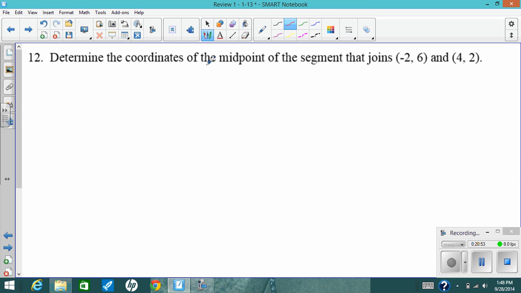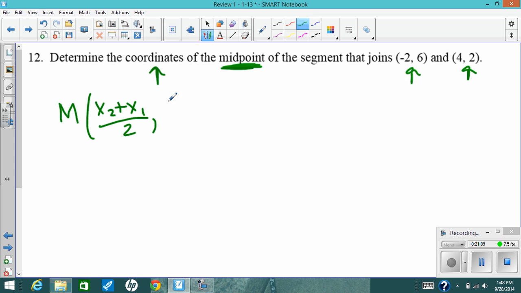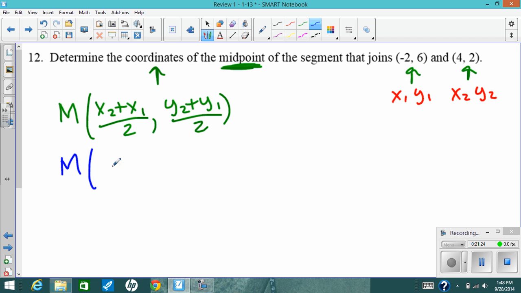Here we want to know the coordinates of a midpoint. This is when we should be using the midpoint formula, when we're looking for the coordinates. And we're given the endpoints, so we can write the midpoint formula. We can pick one of these to be x1, y1, another to be x2, y2, and we can plug and chug and simplify until we get a coordinate.